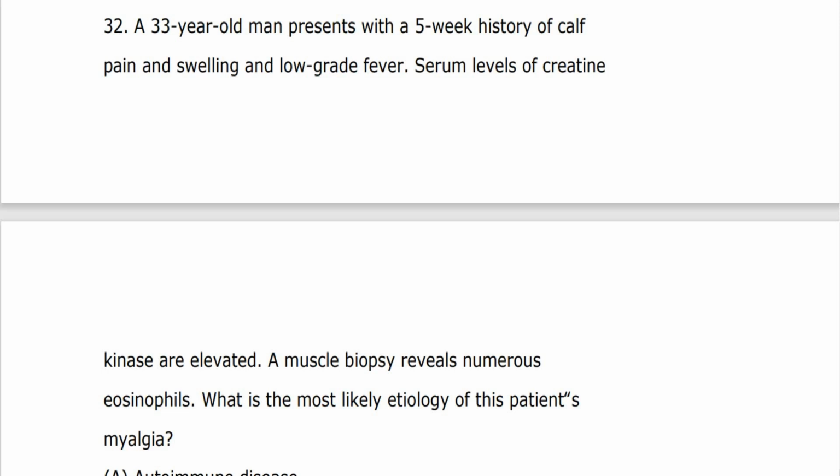Alright, so the strong points are, okay, calf pain, so we believe this could be affecting the calf muscle, and swelling. Then this patient has fever, so likely infective or immunological. Then creatine kinase is elevated, pointing us back to muscle. And the biopsy reveals eosinophils, which you see in parasitic diseases.